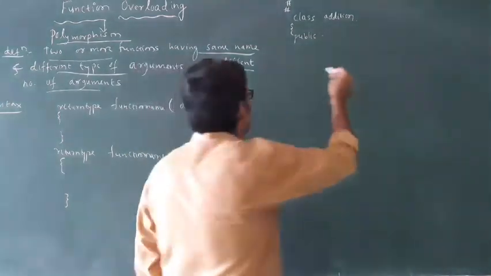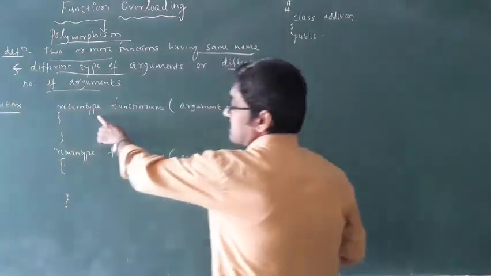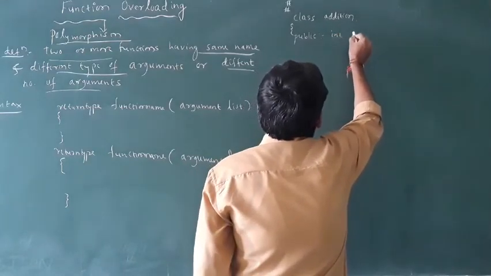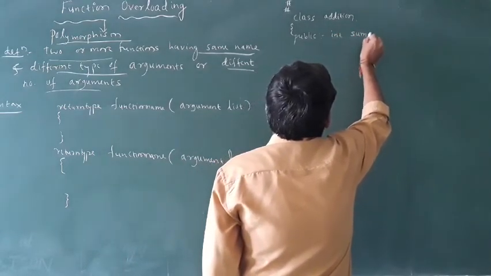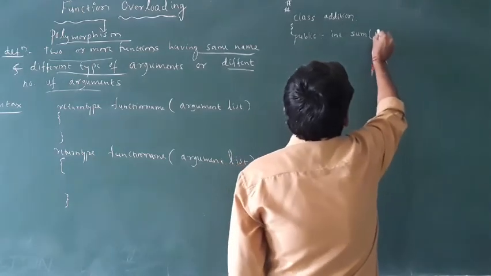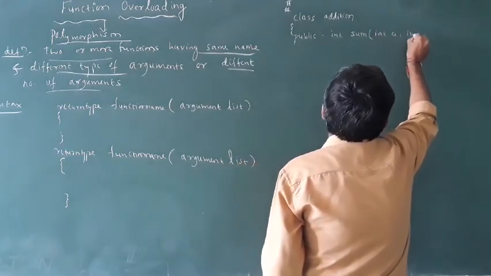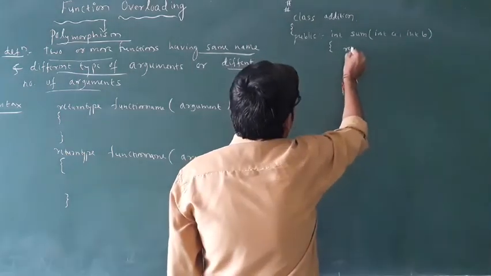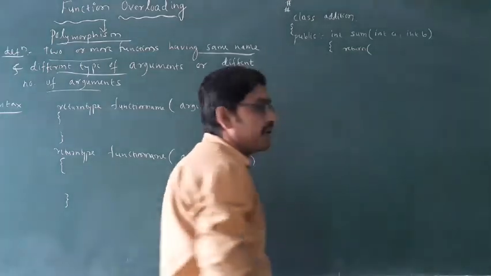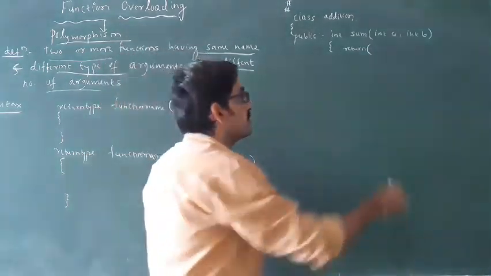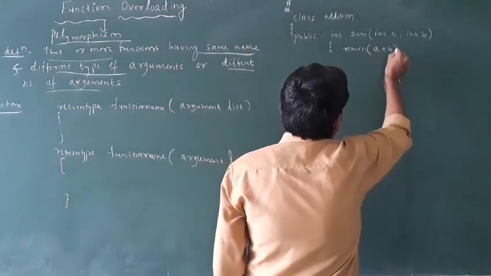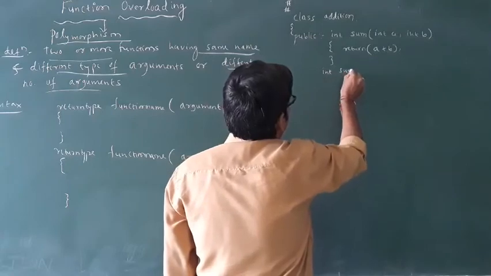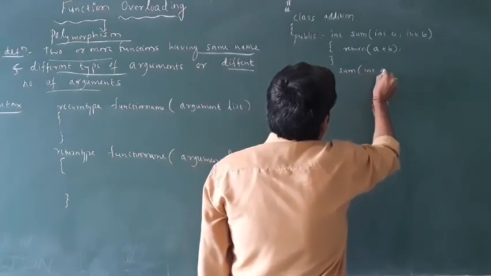See how to write the function. Function overloading starts with a return type. I am writing int sum(int a, int b), then return a plus b, and close the bracket. Then I am taking int sum(int a, int b, int c).